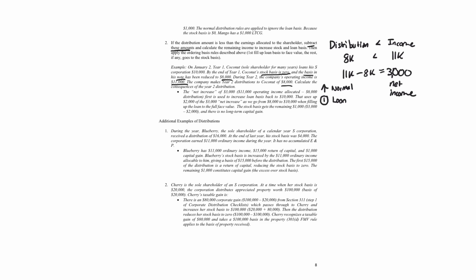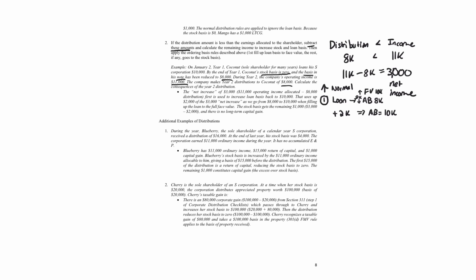That's the rule. We increase the loan up to its face value. The face value is $10,000. The adjusted basis we're given in the problem is $8,000. So we're allowed to go up. This difference, of course, is $2,000. So we're allowed to increase by $2,000 to bring our adjusted basis to $10,000.